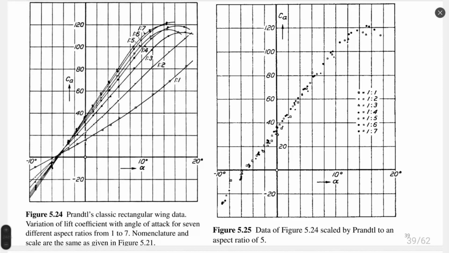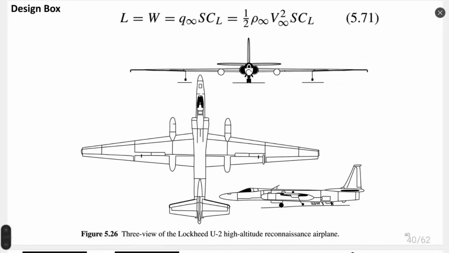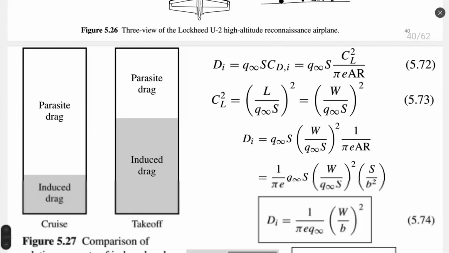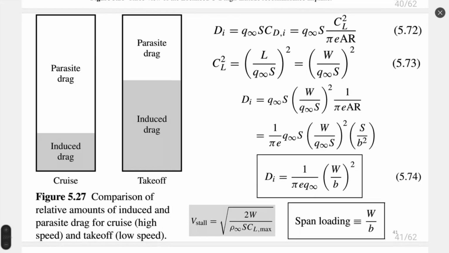So another example how to calculate from one wing aspect ratio to another wing aspect ratio, proving that theory of this recalculation is working. Some design box presented, and I hope you can study at home.